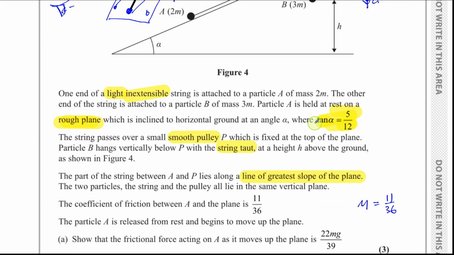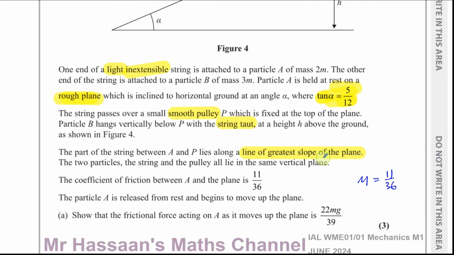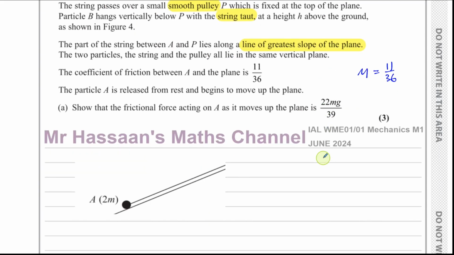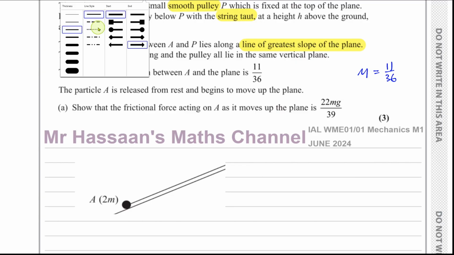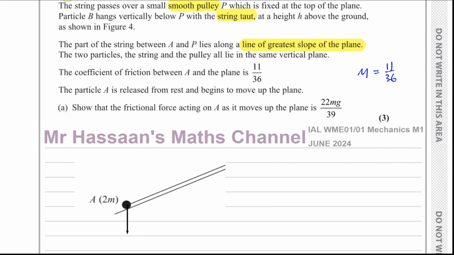It says, show that the frictional force acting on A as it moves up the plane is 22mg/39. So we're going to concentrate on the particle A now. The forces acting on A are going to be its weight, which acts vertically downwards, which in this case is 2mg.